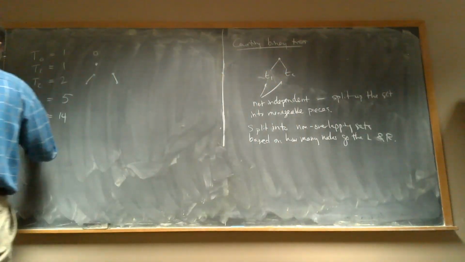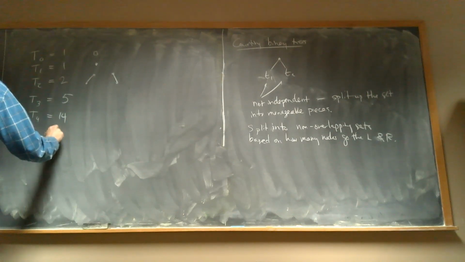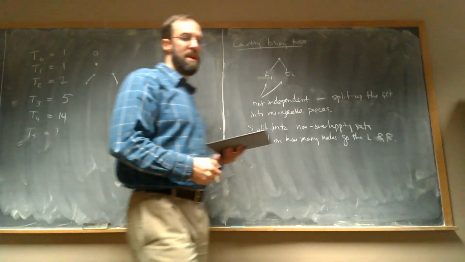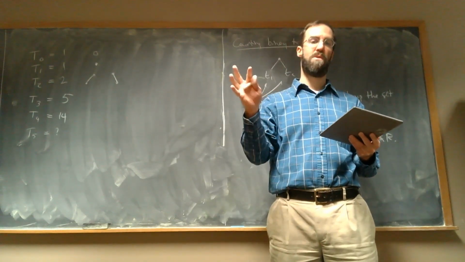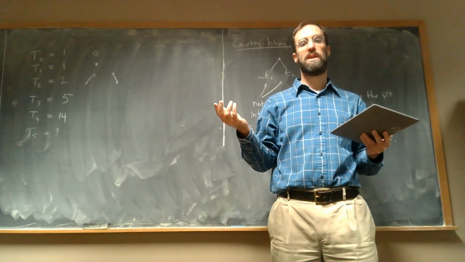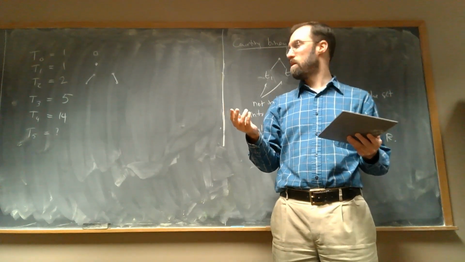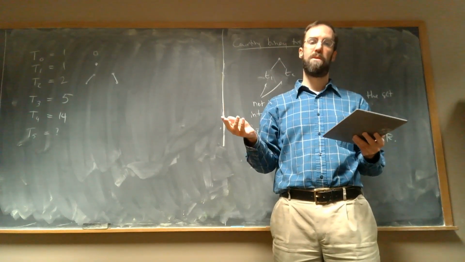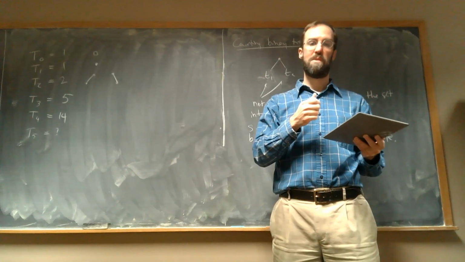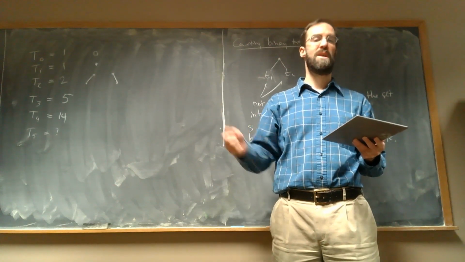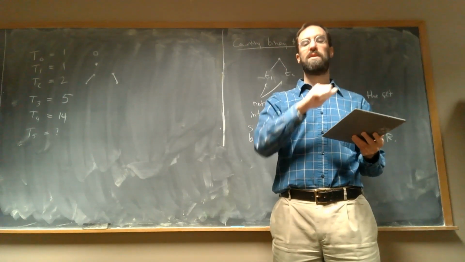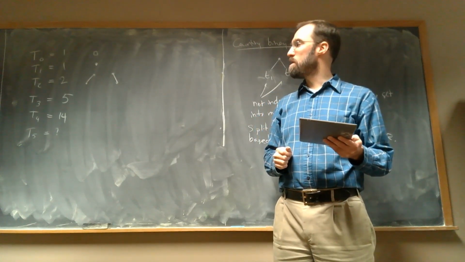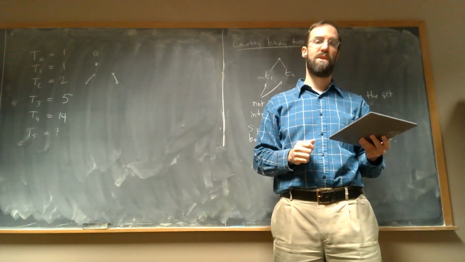Well, again, in that case, I'll have 1 node at the top, and then I have 4 to distribute, and we can split it into cases depending on how many we put on the left and how many we put on the right. And then by the sum rule, we can add those all up. And by the product rule, for each one of those cases, I can just multiply the numbers of choices I have for each tree on each side.